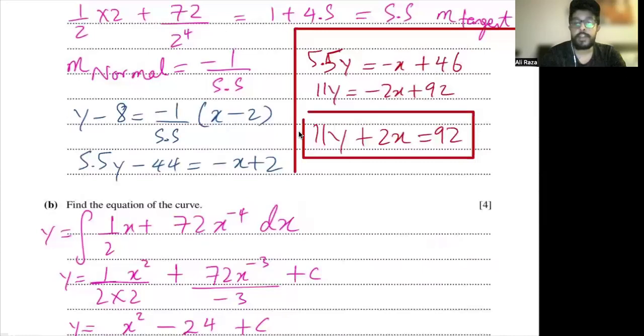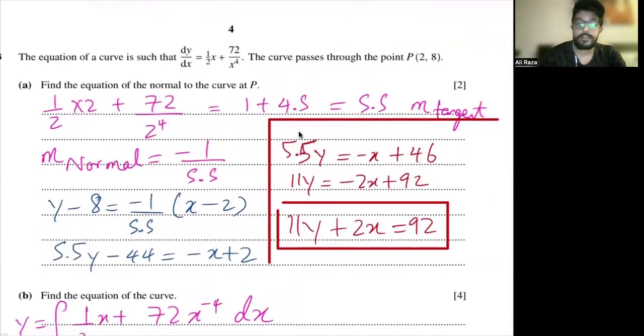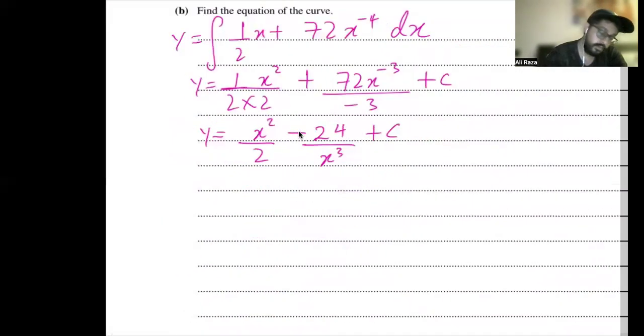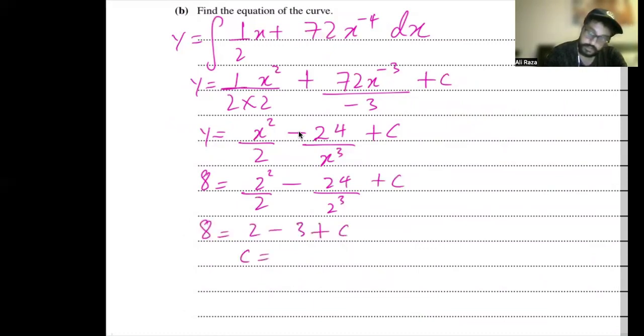Now we can find the value of c by using the given coordinates (2, 8). 8 is equal to 2 squared upon 4 minus 24 upon 2 cubed plus c. 8 is equal to 1 minus 3 plus c.